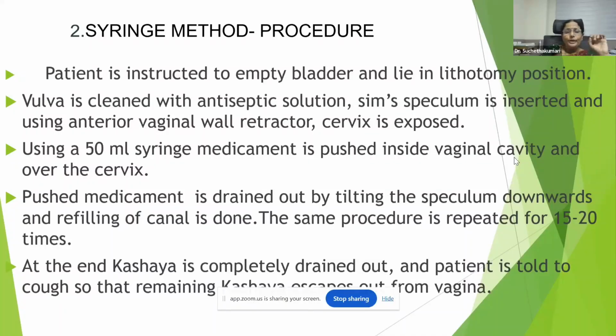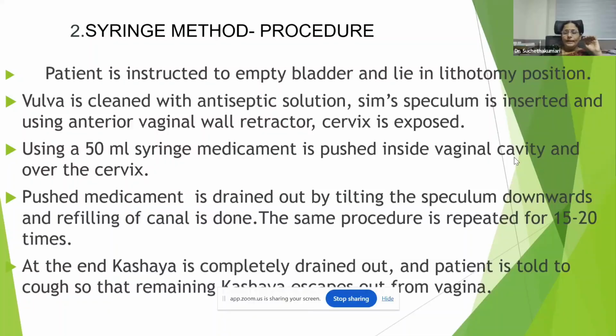We have to repeat this procedure many times until the complete kashaya which we have taken is over. Once the kashaya is completely drained out, the patient is told to cough and the remaining kashaya comes out from the vagina.